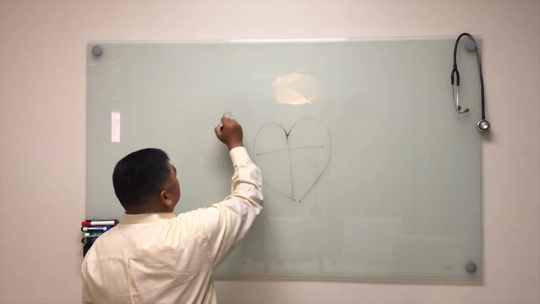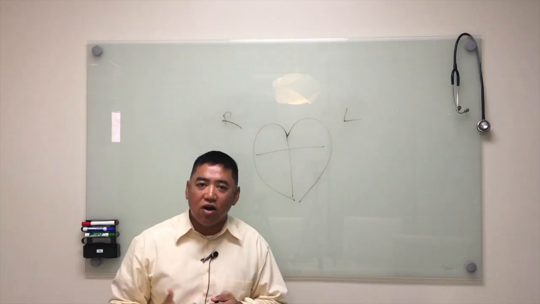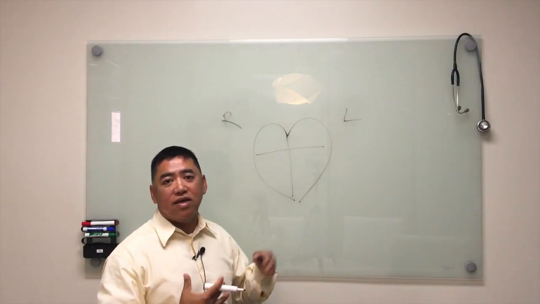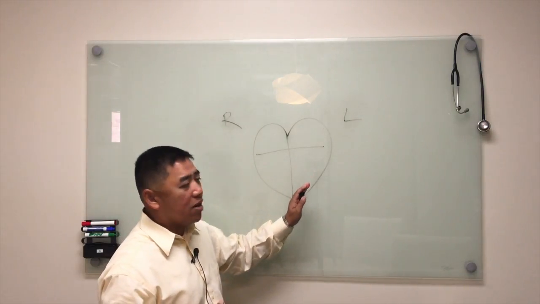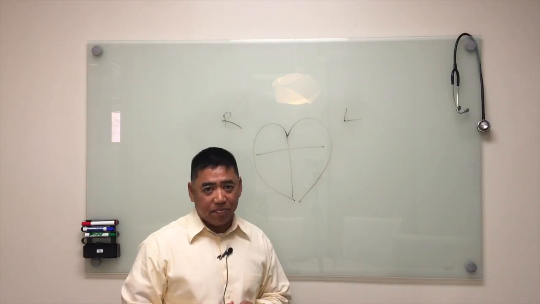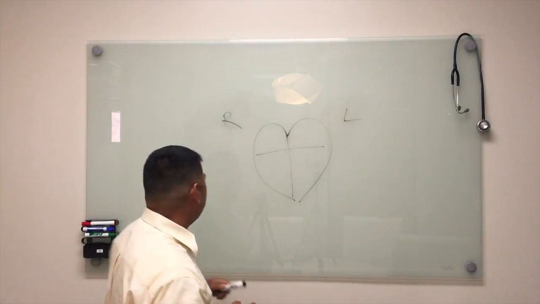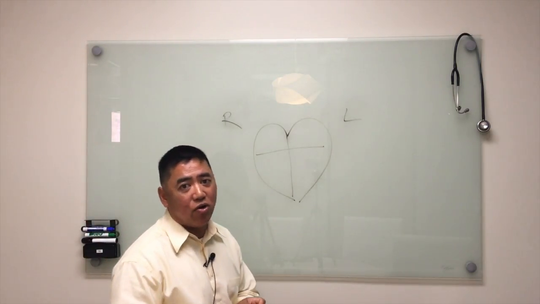Let's label this the right, label this the left. Just for general knowledge, the right side of the heart pumps blood into the lungs, and the left side of the heart pumps blood to the rest of your body. The main arteries that we're looking for are going to be the right and left coronary arteries.